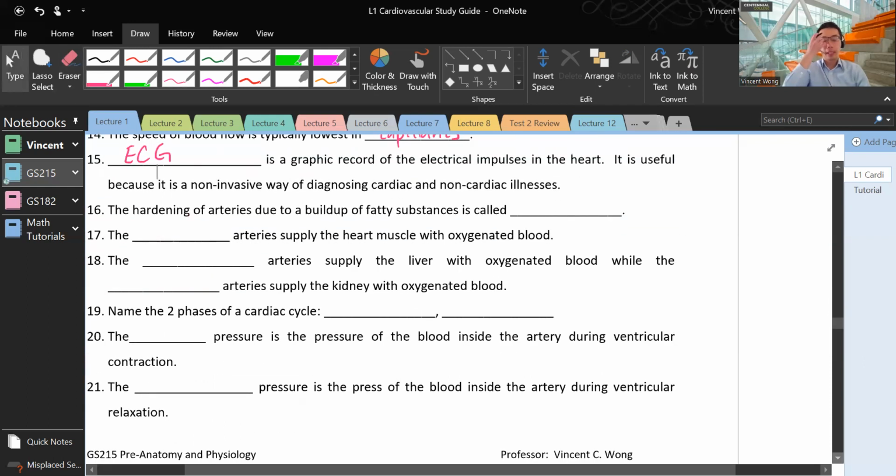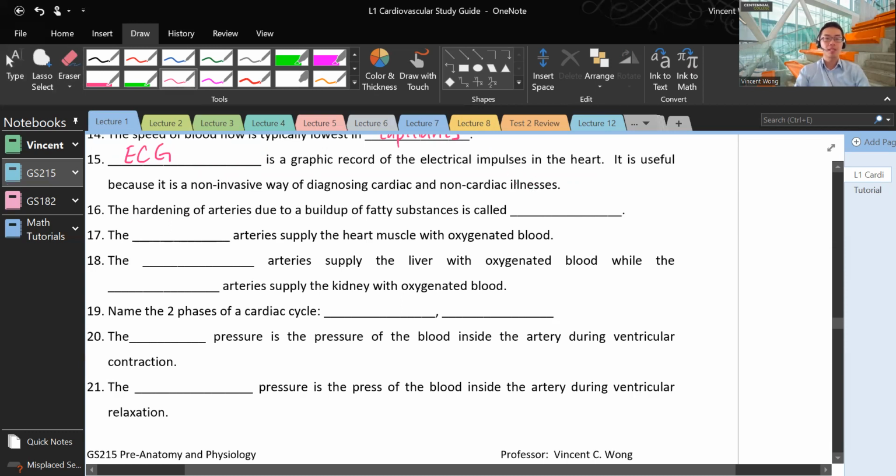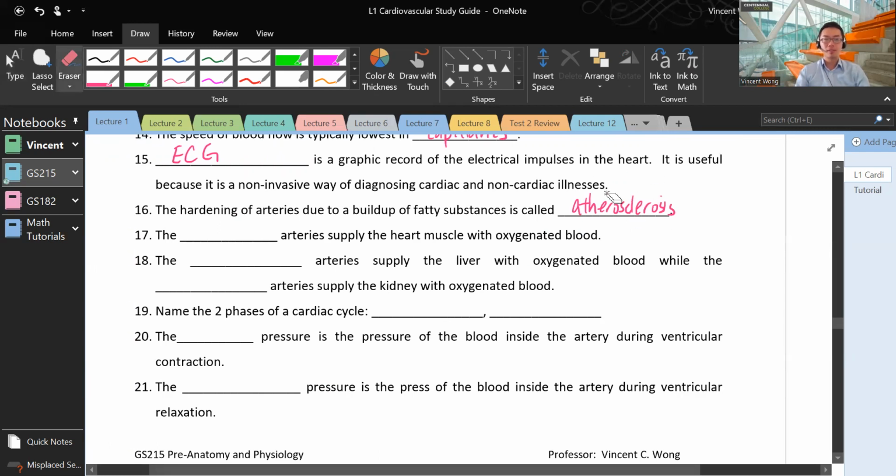Next one, the hardening of arteries due to buildup of fatty substance is called atherosclerosis. See, one thing you don't have to worry about with this online learning is you don't have to spell stuff. If you write this test in person, you would have to know how to spell atherosclerosis.